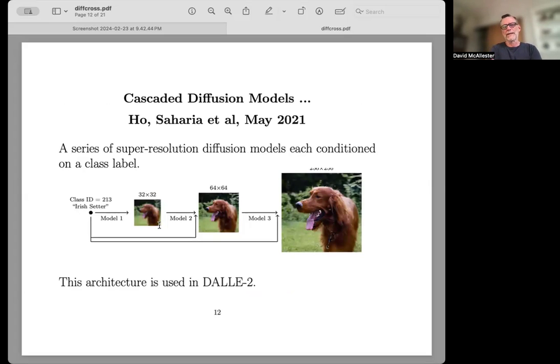Then this is May 21, we get a paper on cascaded diffusion models. So here we're going to want an Irish setter, and that's going to produce a 32 by 32 image with a diffusion model. So this diffusion model is going to be cheaper, right? It's lower resolution, so it's going to run faster. Then I use a super resolution step to increase the resolution by a factor of 2.